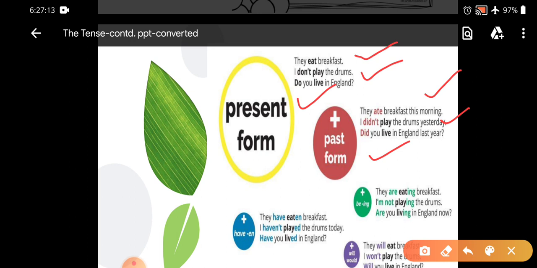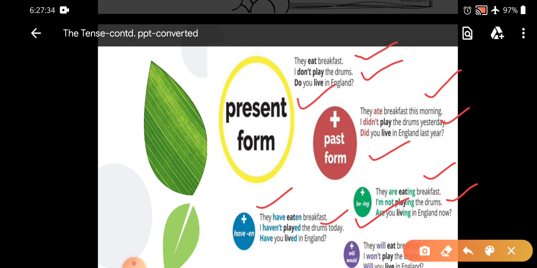Similarly, for continuous tense, affirmative form is they are eating breakfast. Negative form is I am not playing the drums. Interrogative form is are you living in England now? For perfect forms, it is they have eaten breakfast is affirmative form.